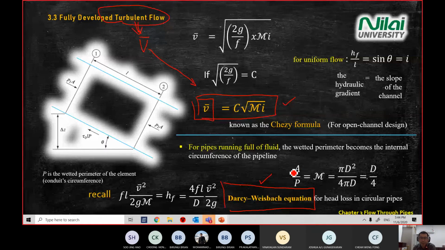M is A divided by P. Then you substitute. Again, just to summarize what we learned today, the Chezy equation is very important.